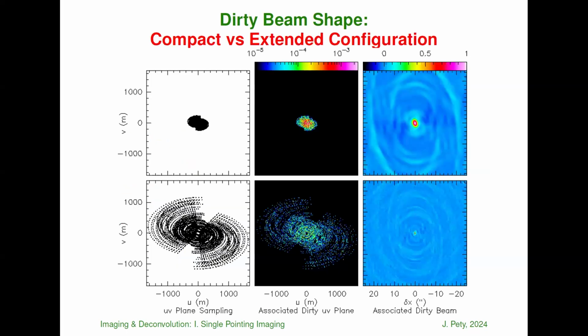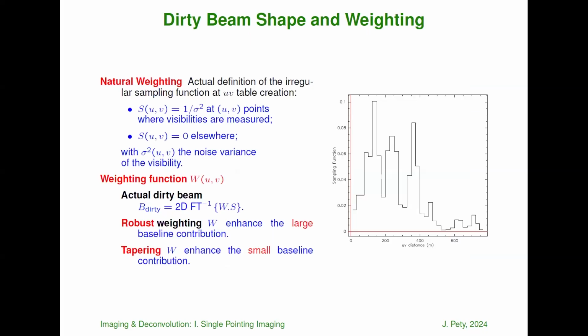This is due to the fact that when you have antennas on the ground, what counts is the distance between two antennas, and the number of baselines that have small distance is much larger than the number of baselines that have large distance. There is nothing you can do against this. Any interferometer will do this. The details will not be the same, but any interferometer will sample the inner part of your UV plane better than the outer part.